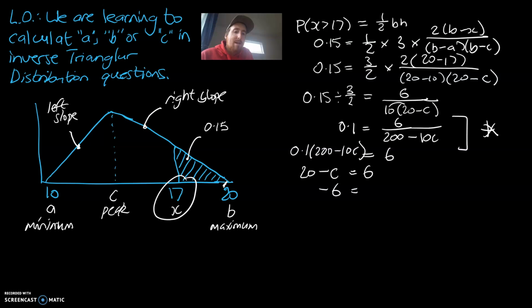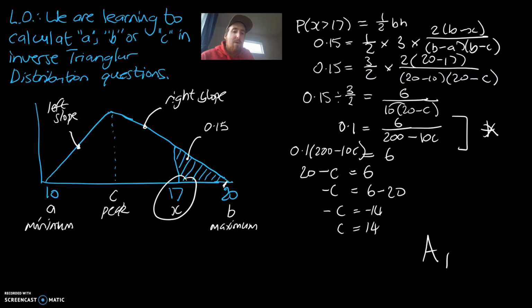So negative c is equal to 6 minus 20, which is negative 14, and we can ignore the negative signs on both sides. What we've figured out is the most likely outcome, or the peak of our triangular distribution, inversely to be 14.